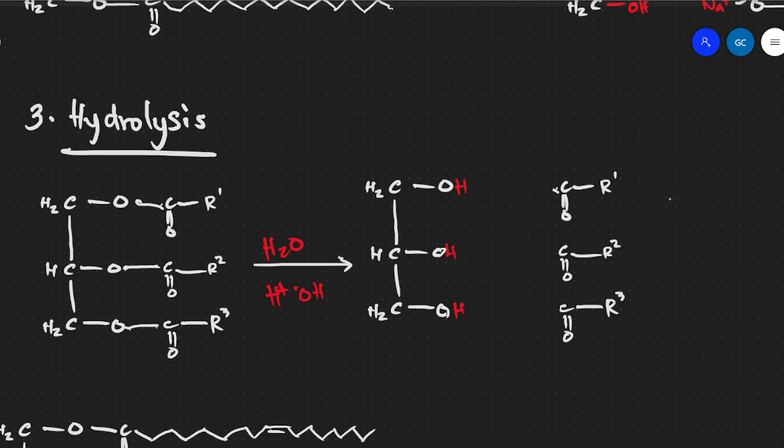And we will have here our fatty acids wherein the negative part, the hydroxide, goes here. So, again, we have here our glycerol and our three fatty acids. So, that is our hydrolysis.